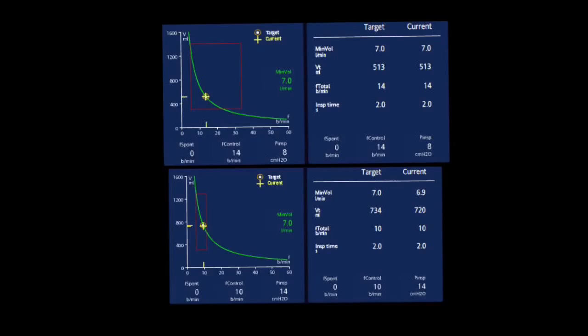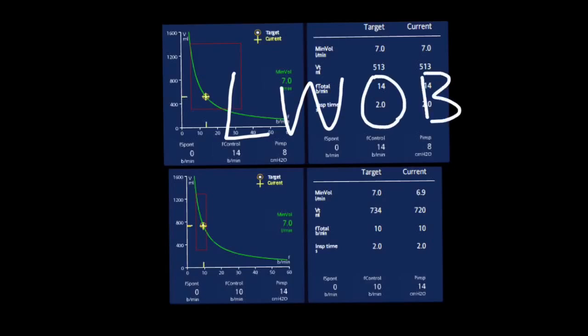Chatburn describes optimal targeting scheme as a ventilator control system that automatically adjusts the targets of the ventilatory pattern to either minimize or maximize some overall performance characteristic. ASV uses the Otis equation to calculate the least work of breathing based on the patient's expiratory time constant.